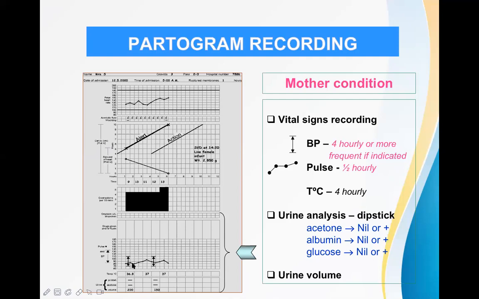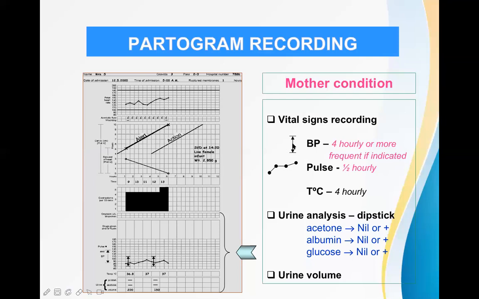This is the recording of the blood pressure as well as the pulse. This arrow sign is for blood pressure, and this sign is for the pulse. This upper line is for the systolic blood pressure, and this lower small line is for the diastolic blood pressure.